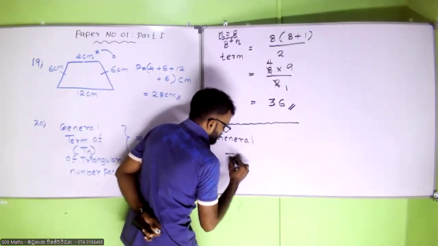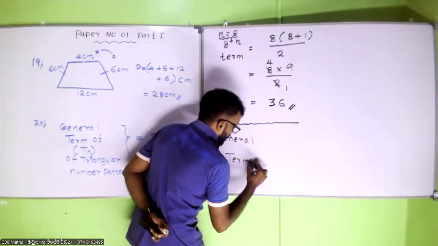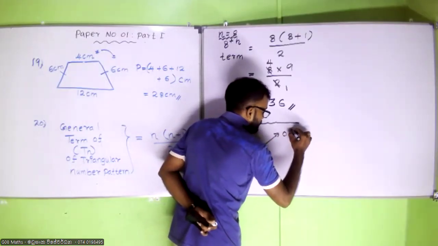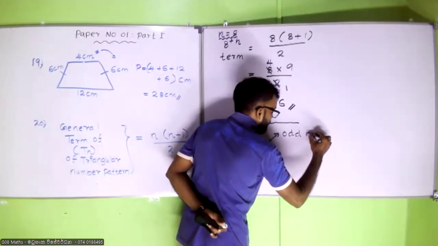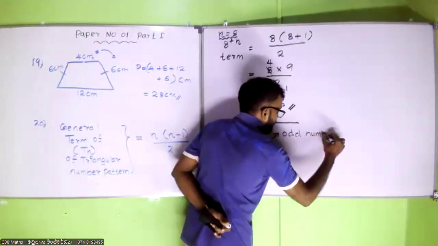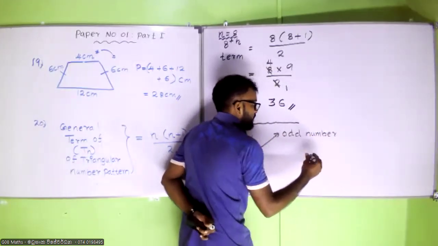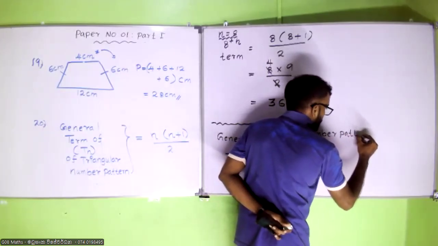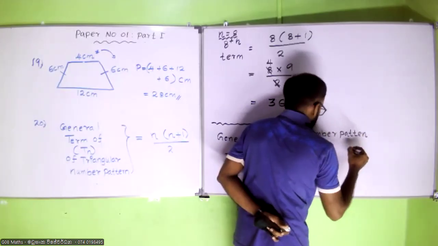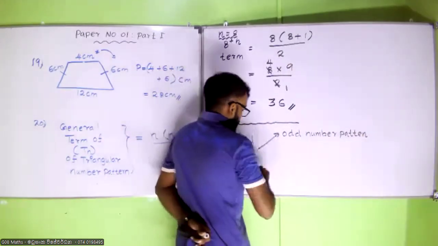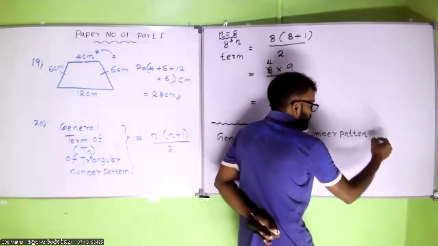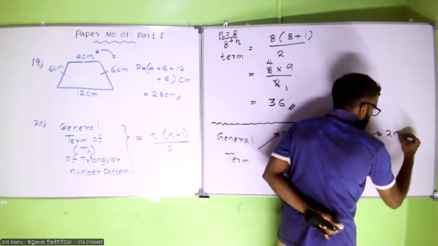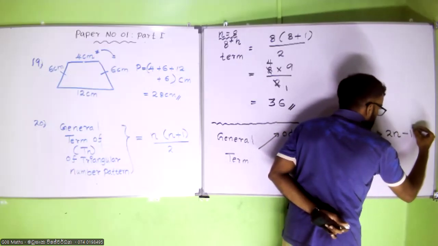First one is odd number pattern. Uday, if you want, you can write this so that you can remember it. General term of odd number pattern is 2n minus 1. You need to remember this.